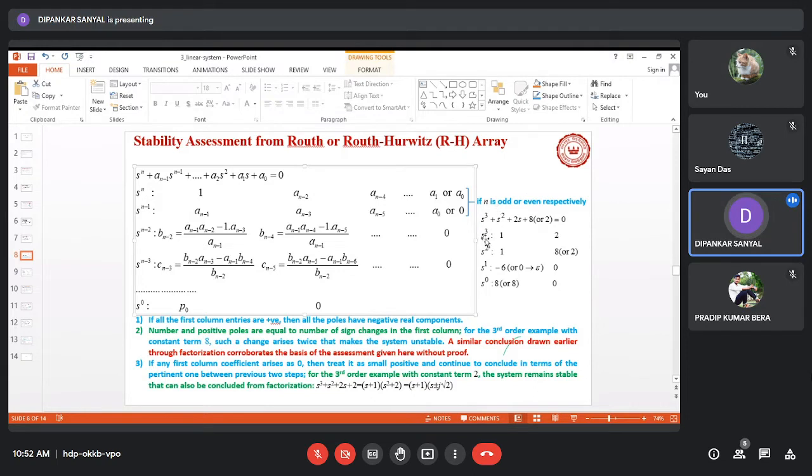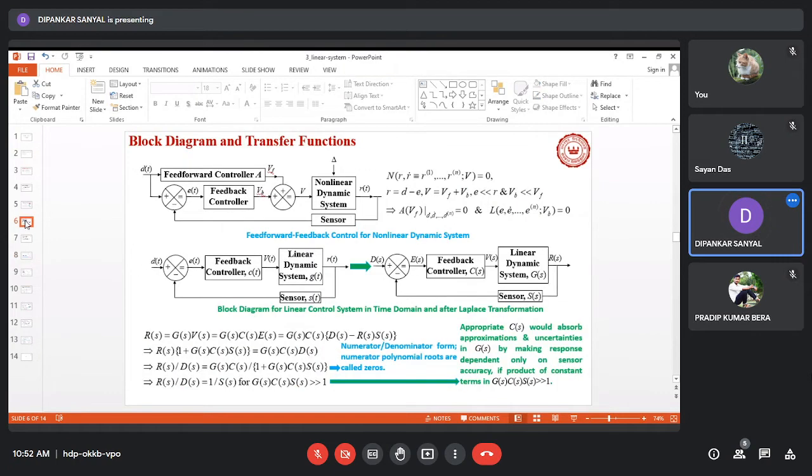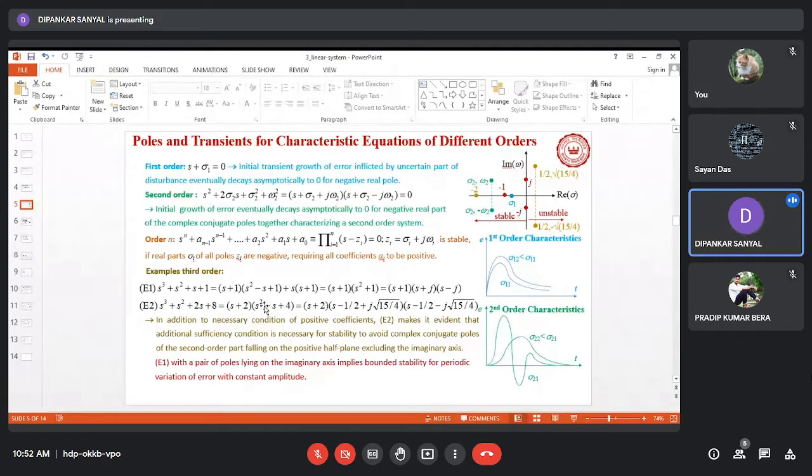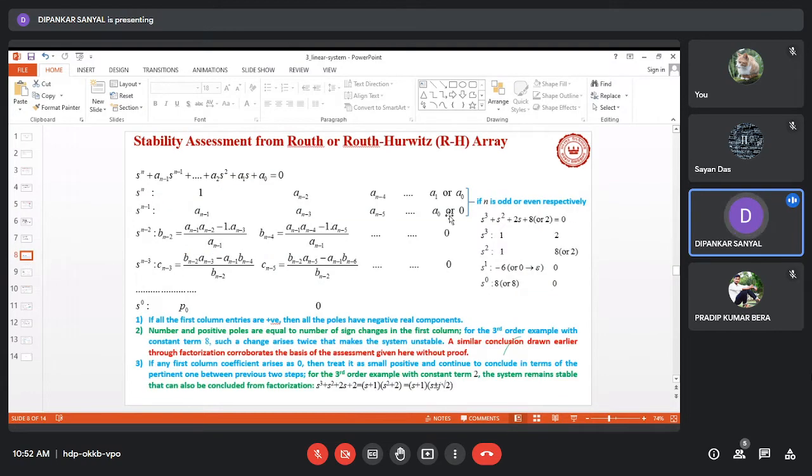And if we consider this s cube plus s square plus 2s plus 8 system, the example of which we have discussed here by factorization, we have clearly found that we have two roots that fall on the right side of the complex plane, and hence that results into an unstable system.